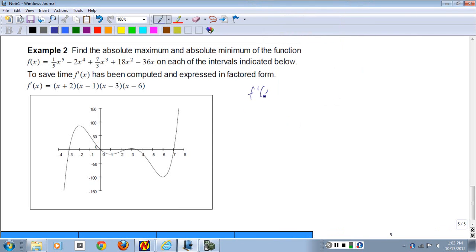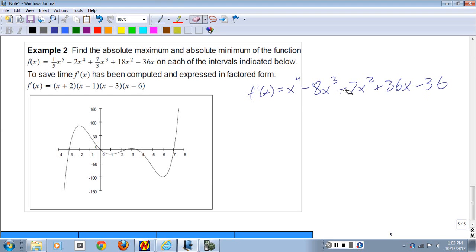F prime of x equals x to the 4th minus 8x cubed plus 7x squared plus 36x minus 36. Did I do that correctly? Double check me on that.